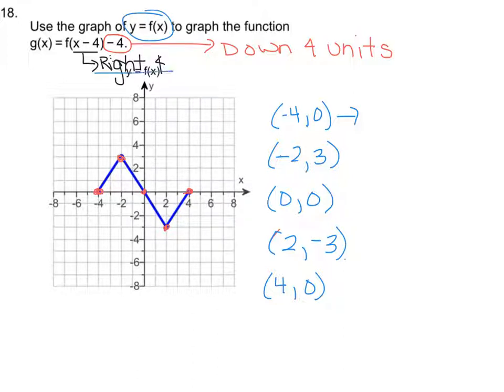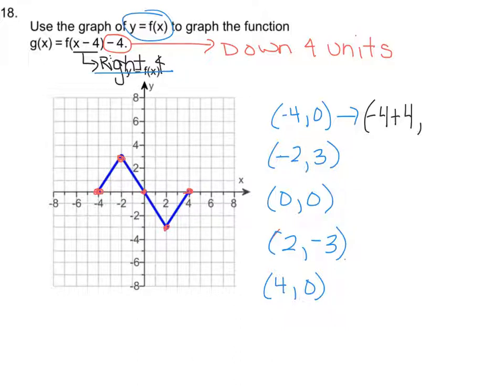Now my first transformation tells me to go right 4 units. Whenever I'm going right or left, that affects the x coordinate of my ordered pair. So since I'm going right 4 units, I am going to add 4 to each of my x coordinates.